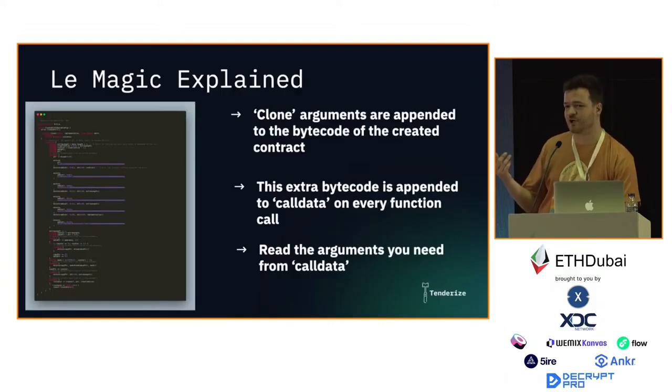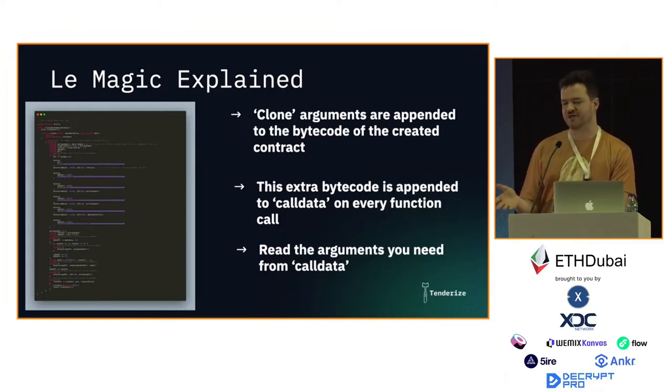And then with every call you make to your implementation, what you have added to the bytecode at the end is appended to the call data of the function you call. So you can access this piece of call data with the arguments from your implementation contract. And what it achieves is basically you get the same characteristics of using immutables or constants, but then with proxy contracts.